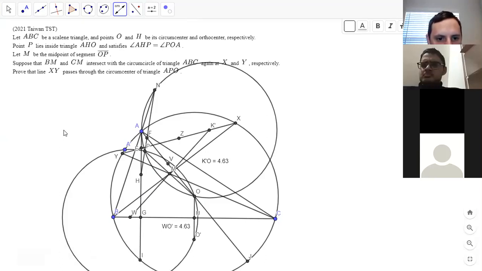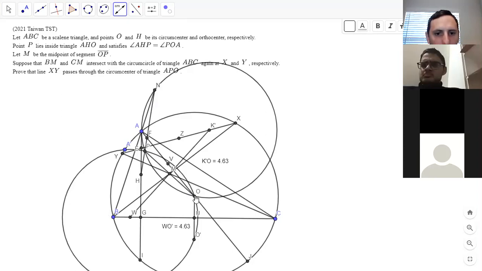And can we show that angle APN is equal to angle OPO prime?